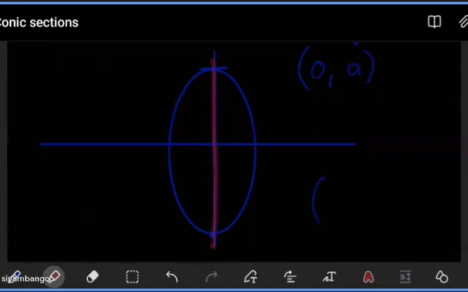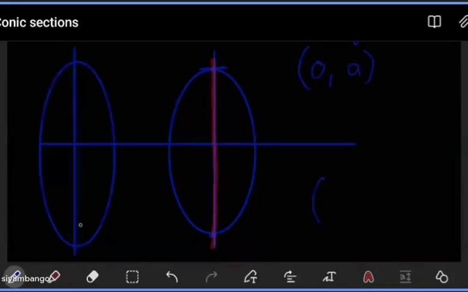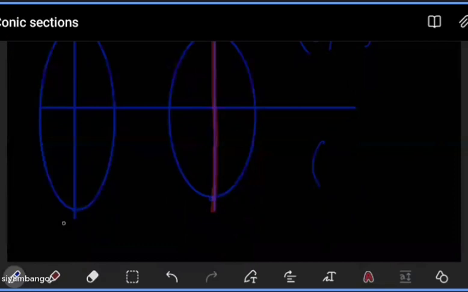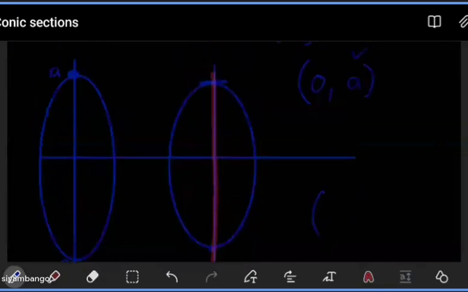What I mean is, even if our ellipse was off center, as long as it has the major on the y-axis, when given the vertices, the value here, let's say this is a and this is negative a. Notice that the first value, the x, is now off center.